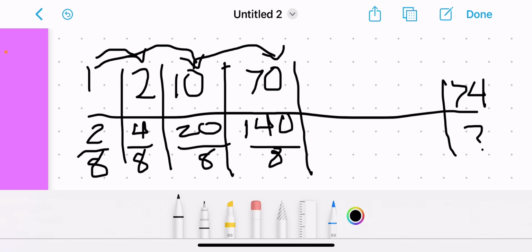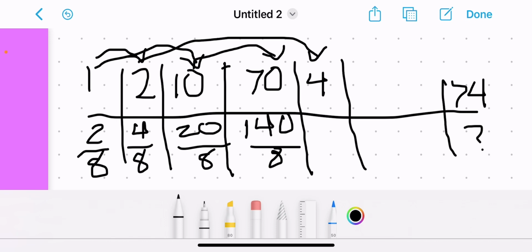I'm a lazy mathematician, so I'm going to try to do this in as few steps as possible. The first thing I'm going to do is find what 4 times 2/8 is, because I can add that to 70 times 2/8 to get my answer. I know that 4 times 2 is 8, and that should be over 8 still.